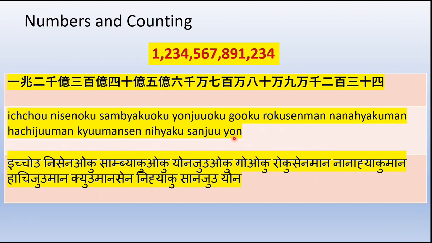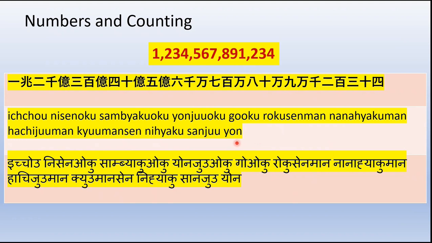In this way we can derive this big number into words. We can express it as icho nisen oku, sambyaku oku, yonju oku, go oku, roku senman, nana hyakuman, hachijuman, kyuman, sen, nihyaku, sanju yon.